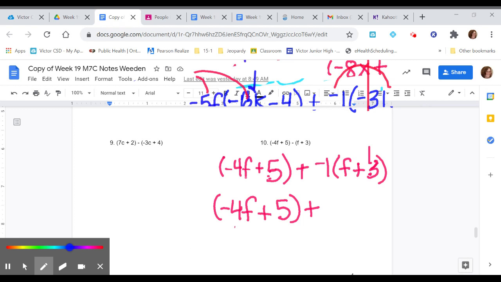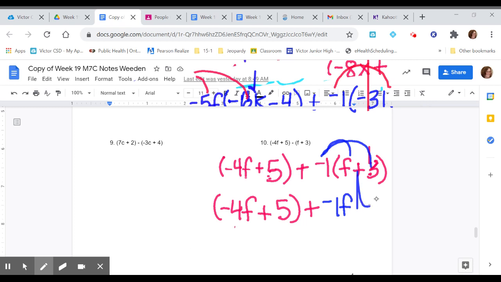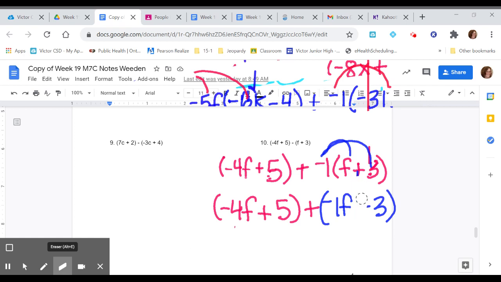Okay, so rewriting it again, now distributing the negative 1. Negative 1 times f is negative 1f. You could just write negative f, that's okay. Negative 1 times a plus 3 is a minus 3. Interesting how my subtraction sign looks, I know.